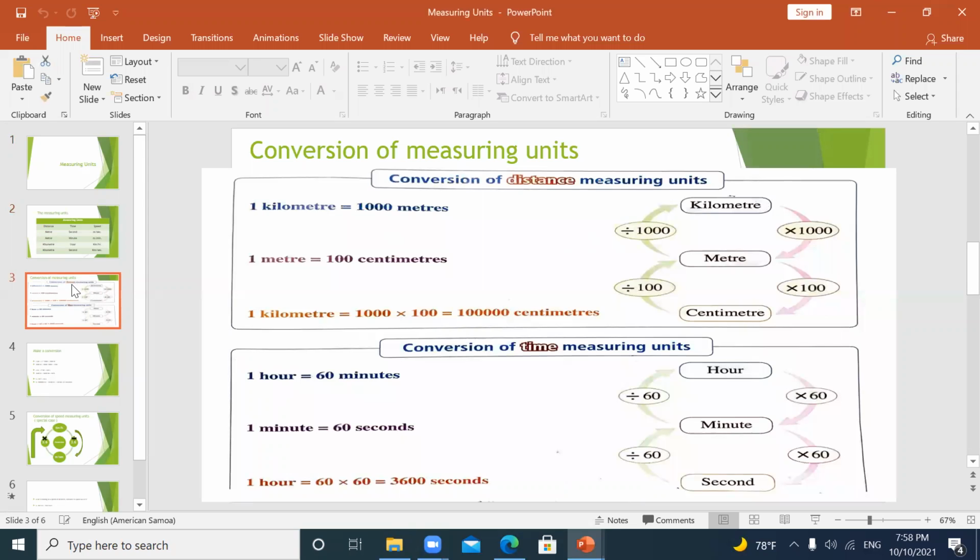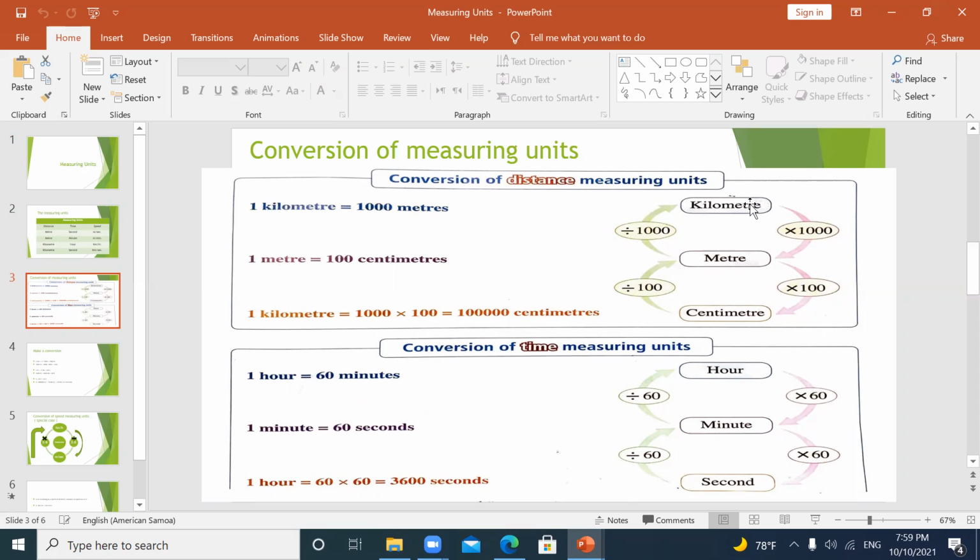Okay, so for the distance measuring units, as you know, 1 kilometer equals 1,000 meters. 1 meter equals 100 centimeters. So if we want to convert from meter to kilometer, we will divide by 1,000.